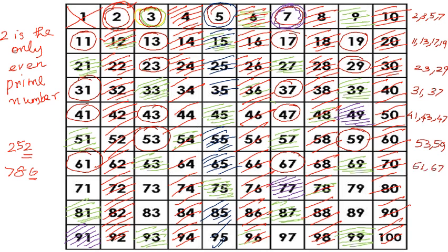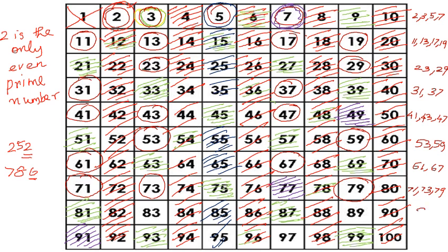Here in the 70s column, between 70 and 80 we have 71, 73 and 79. The next, 80 to 90, it is 83 and 89.